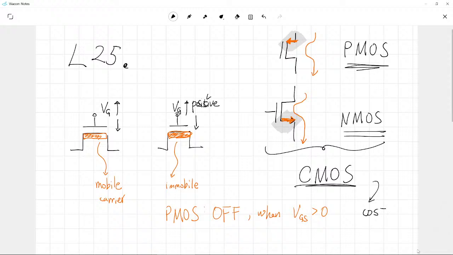What is the cost of having CMOS technology? Of course, the fabrication steps become much more complicated than for a single type of transistor. If you have to carry out only NMOS technology, that is a relatively easy task.